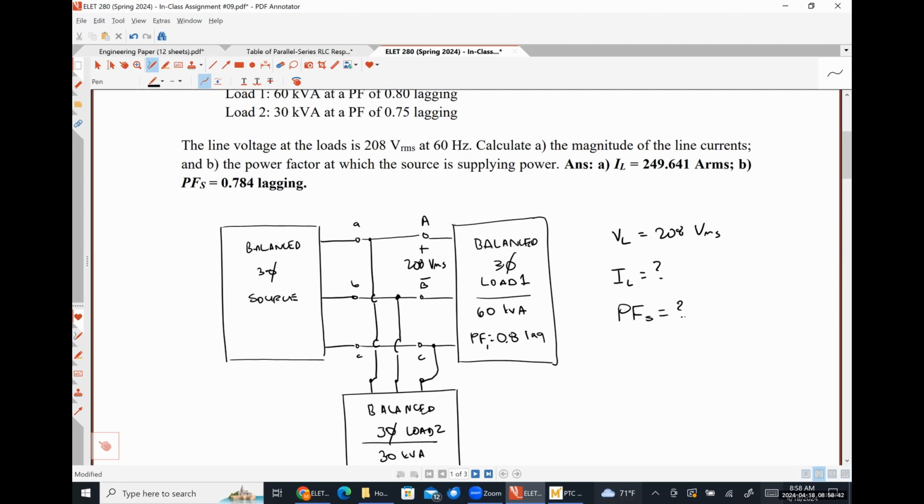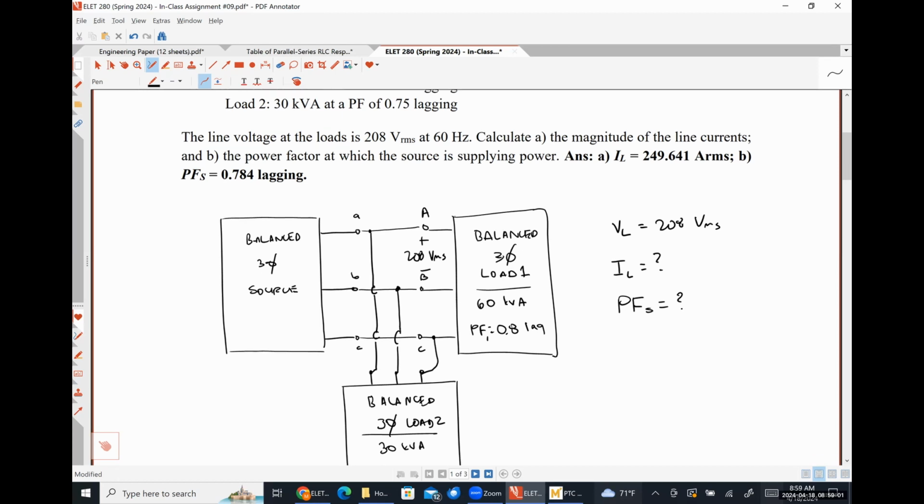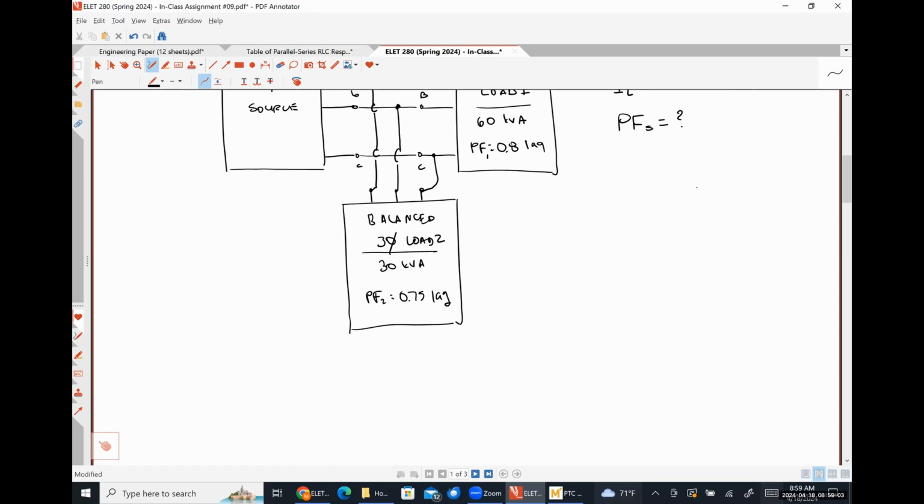So I firmly believe that we work problems extremely similar to this in the context of single-phase systems. And our approach to these problems for three-phase systems is going to be basically the same thing. Okay, so what is the complex power absorbed by load one?